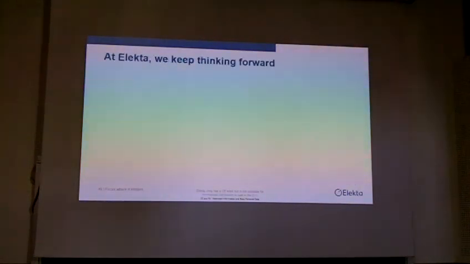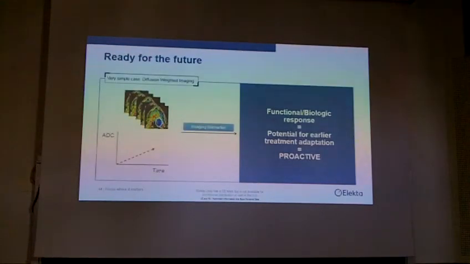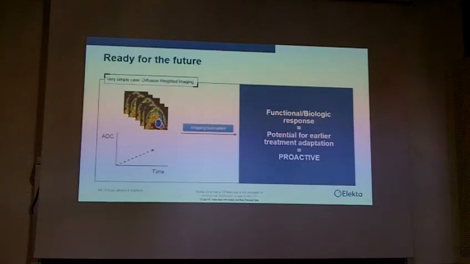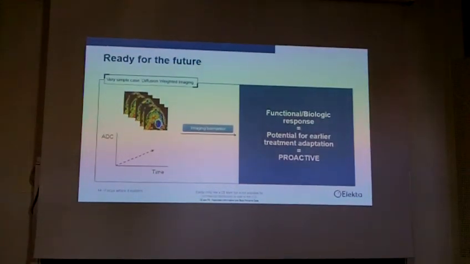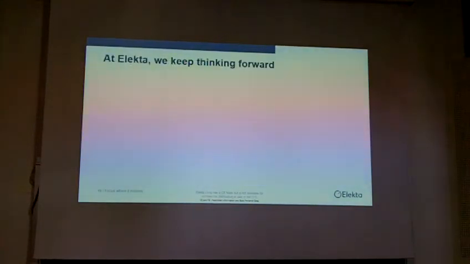We think that with this system we are ready for the future, and with functional imaging and the biological response, you have a higher potential to earlier adapt your treatment and to be more proactive in your treatments and in your planning.